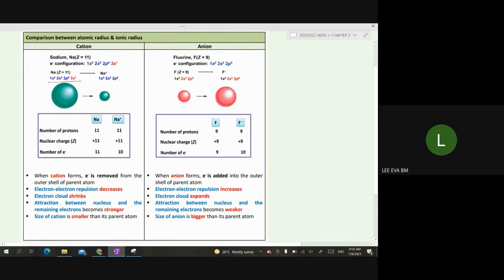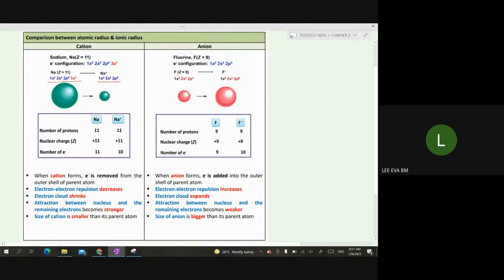In order to achieve the octet configuration, you need to lose 1 electron, similar to a noble gas configuration, to become Na+. So now, by losing one electron, you can look at the table over here.